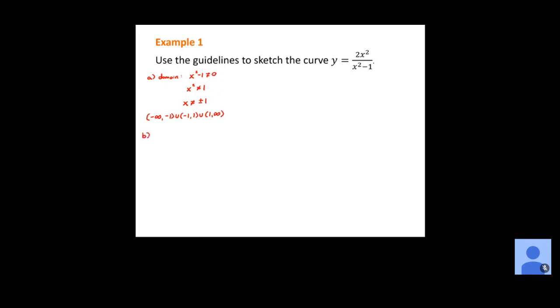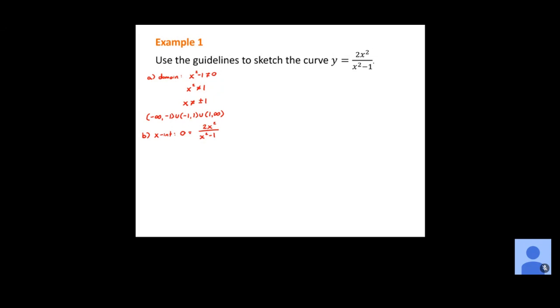All right, part B. Now we're going to look for intercepts. Let's start with our x-intercept. How are we going to find x-intercepts for this graph? Okay, good. Set the entire function equal to 0. So this is 0 equals 2x squared over x squared minus 1. So let your y value be 0. We're trying to solve for x now.